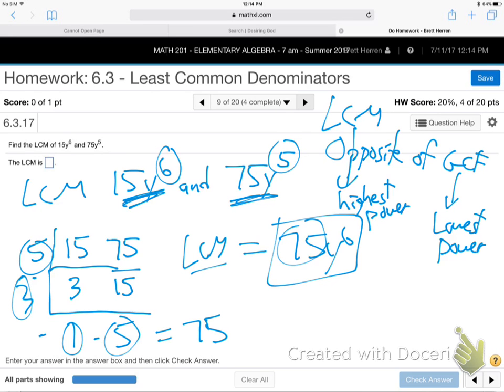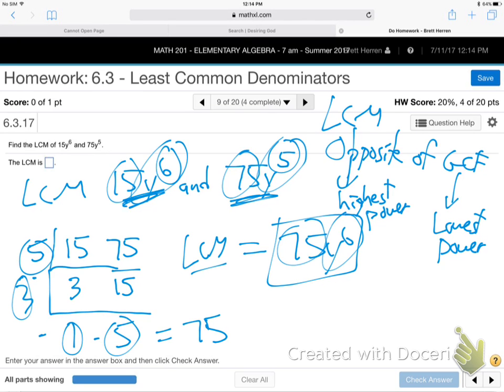It's got to have 75 because 15 will fit into that, and 75 obviously fits into 75. Y to the 6th, y to the 5th, you got to take the higher one because they both have to be able to fit in there. Does that make sense? That's what a least common multiple is. That's the lowest power that they both can fit into. They both can fit into y to the 6th.